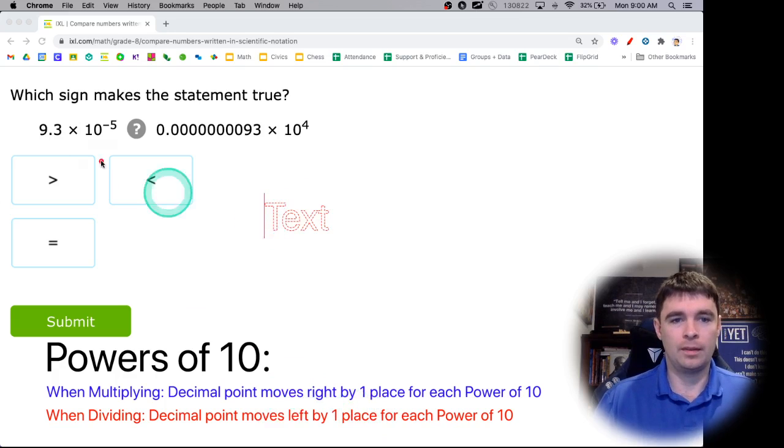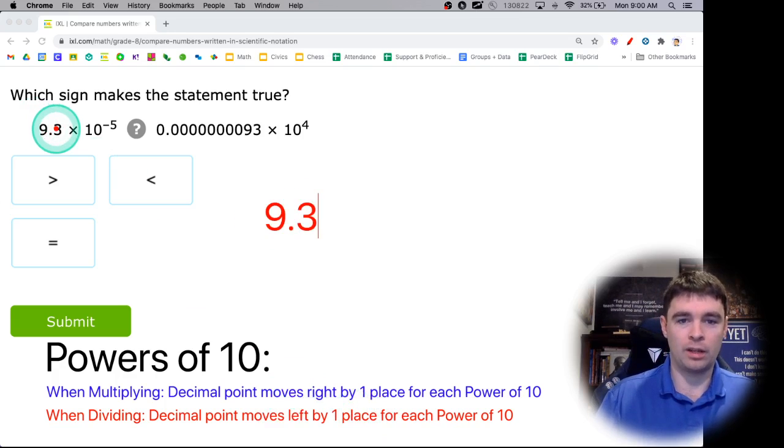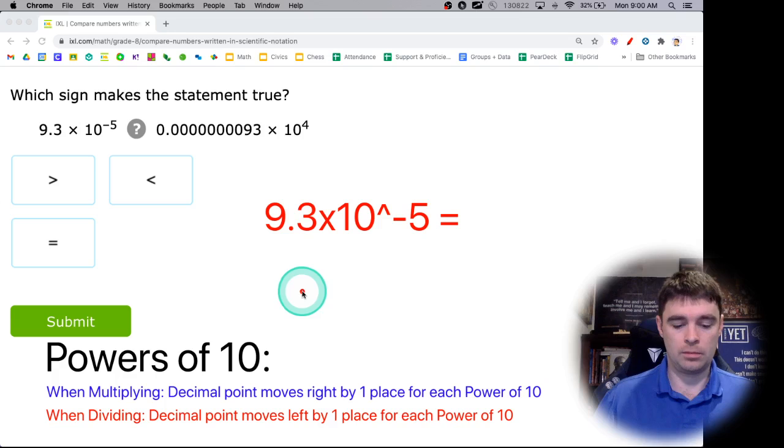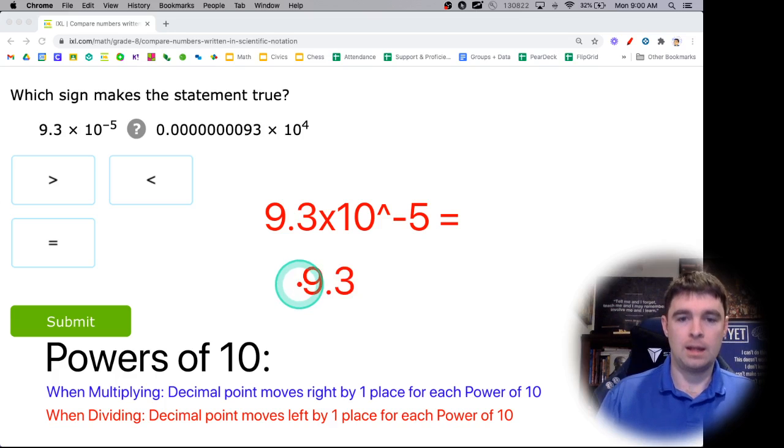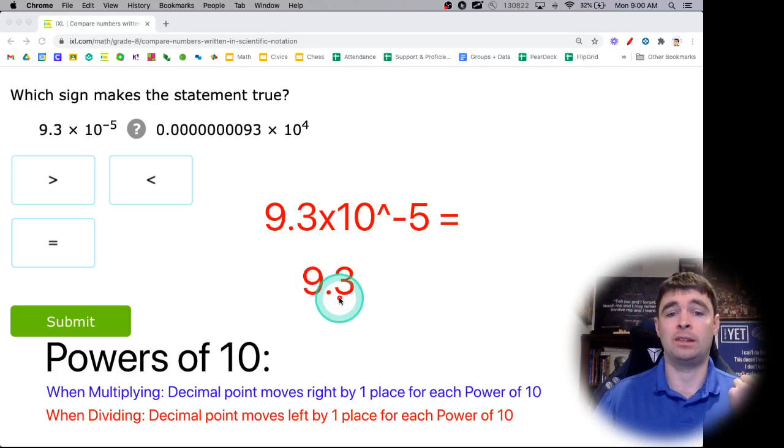So this one, 9.3 times 10 to the negative fifth, really means I'm going to have to take that 9.3 here, and I'm going to have to move the decimal 5 places to the left.